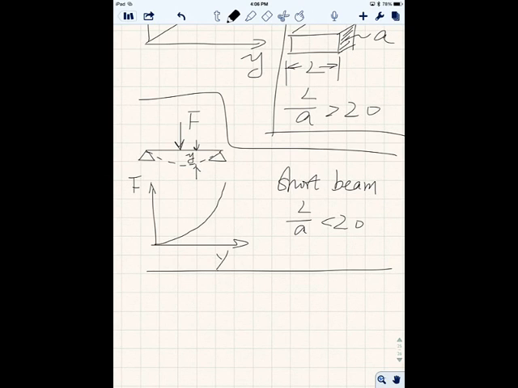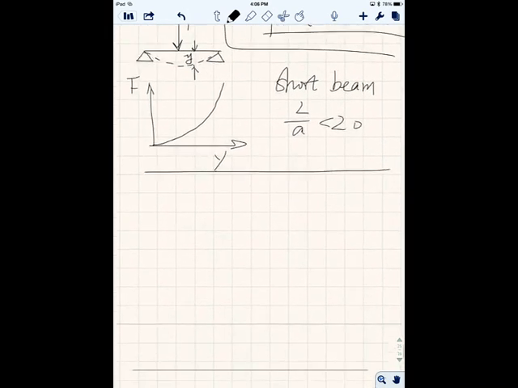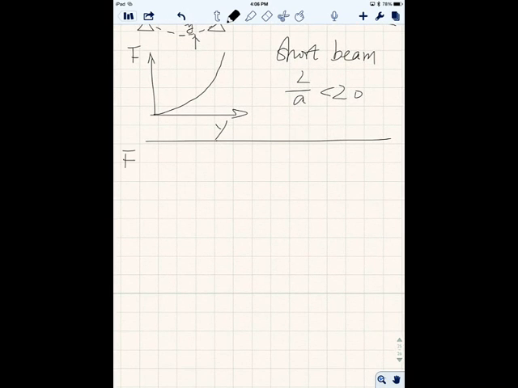Now, for most of the cases we have here, we only consider the linear F and Y relationship.